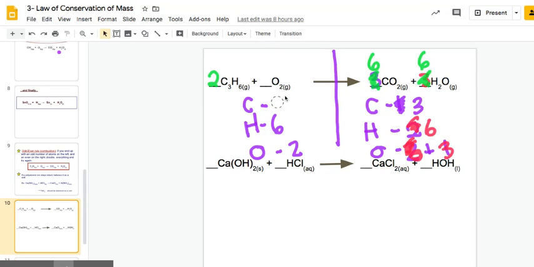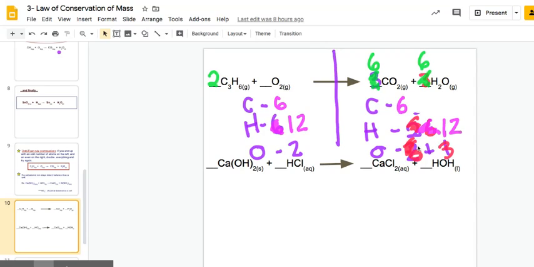My carbons are no longer 3. My carbons are now 2 times 3 is 6, and 3 is now 6, so carbons are good. My hydrogens, 2 times 6 this is a 12 here. My hydrogens here, 6 times 2, this is a 12.